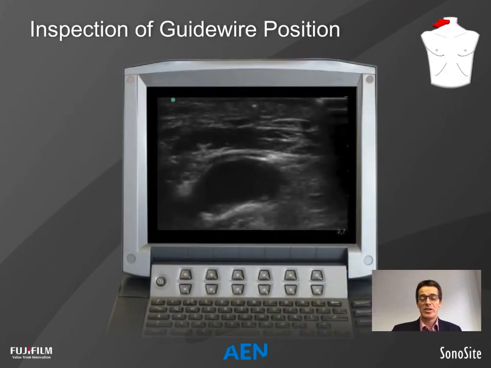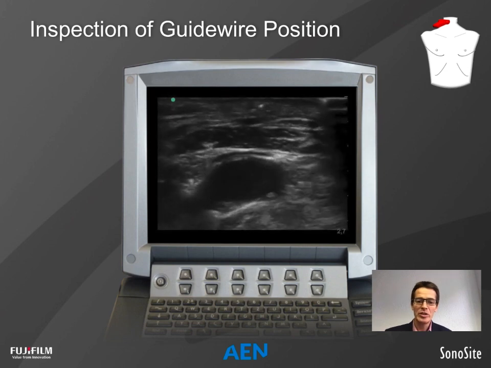Another thing is the inspection of guide wire position, which we were talking about before already. This is a method that only takes a few seconds and gives you a lot more confidence, especially in difficult cases, in cases on ICU with coagulation abnormalities, in patients where you need to insert large catheters.